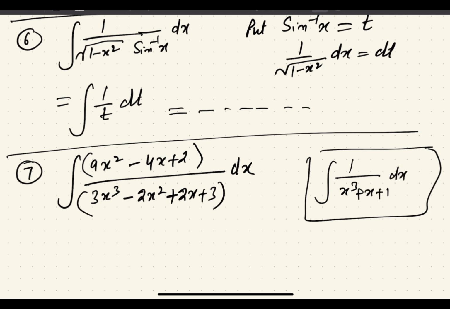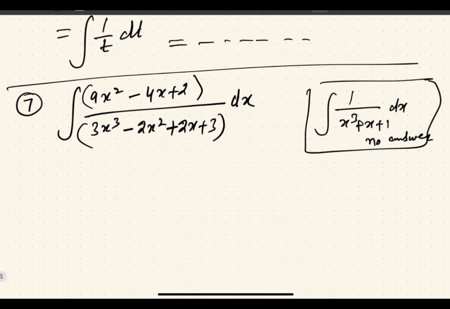You cannot solve, no answer. You cannot solve this integral because this has no factors. If this direct derivative is not present in case of a cube, then this must have a factor. If no factors, you cannot solve this one.